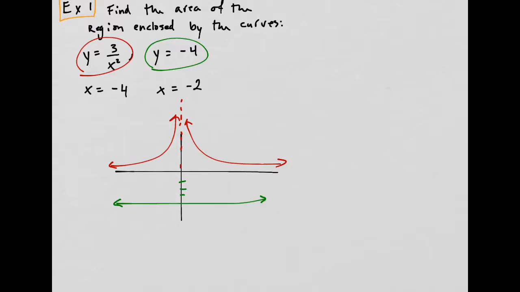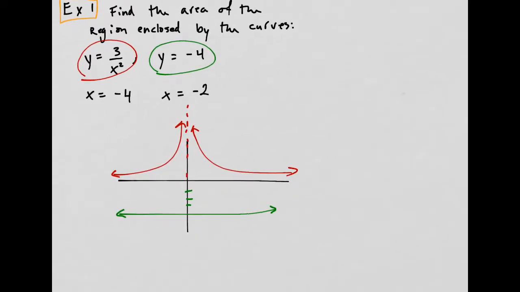So there we go. I have these two functions. And then this is a vertical line. I'll do that in black. x equals negative 4, and from there till negative 2. So I'm getting this area.